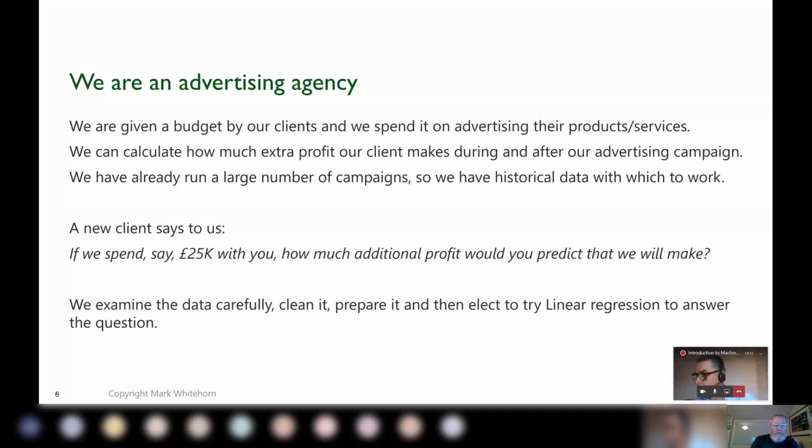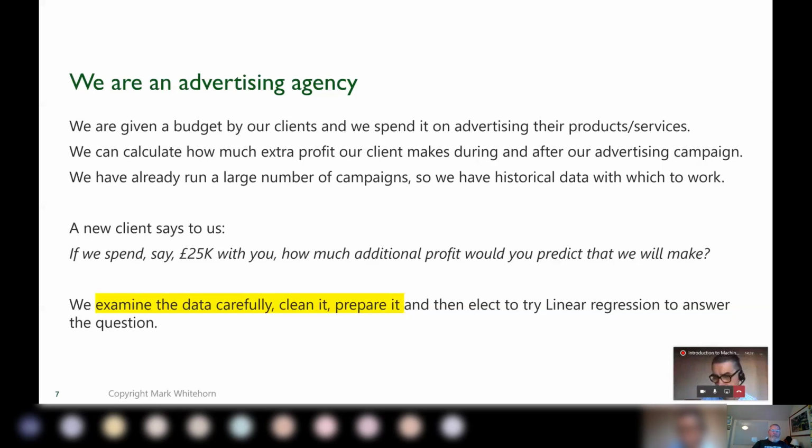So what we would do at that point is examine our data carefully, clean it, prepare it, and then we elect to use linear regression to answer the question. And here is exactly the same slide, but with those words highlighted. First thing you do in machine learning is just look at the data, you eyeball it. This is a really important part of the work.